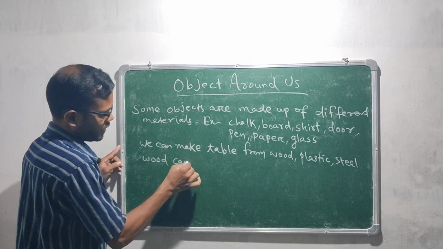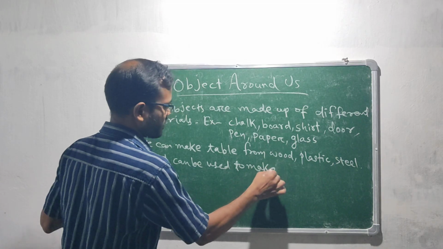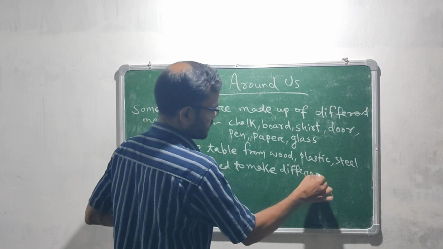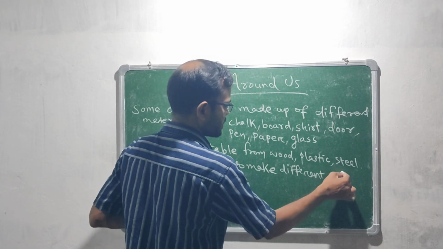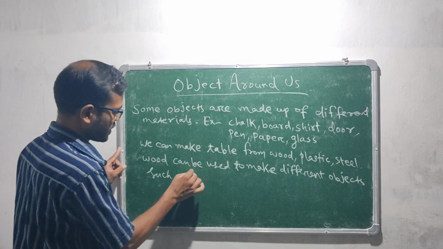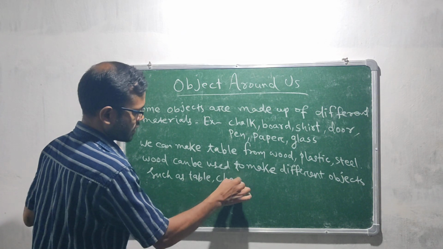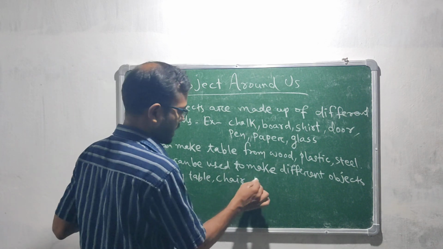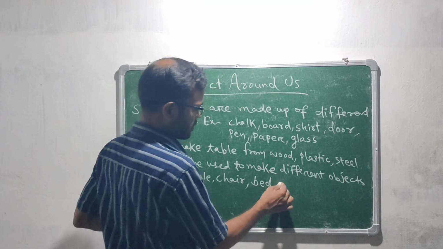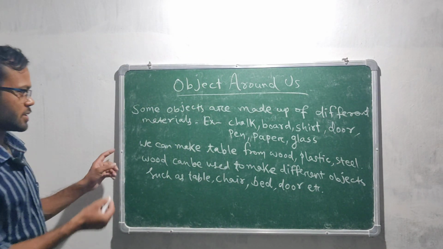Wood can be used to make different objects such as table, chair, bed, door, etc.